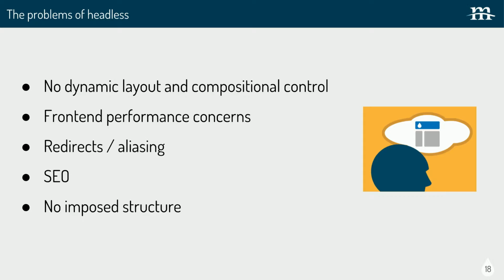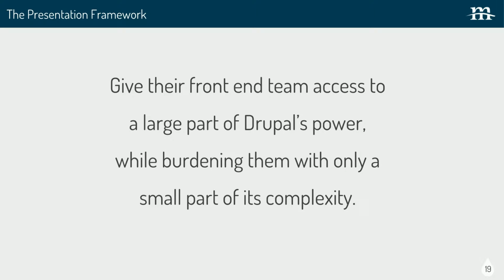There are ways around that with things like GraphQL, where you can consolidate API calls. Also, how do you deal with things like URL aliasing and meta tags that Drupal handles really well? And beyond that, you're reliant on a separate team to impose their own structure, whereas with our setup, we have a single platform that's imposing the structure for all developers to use.